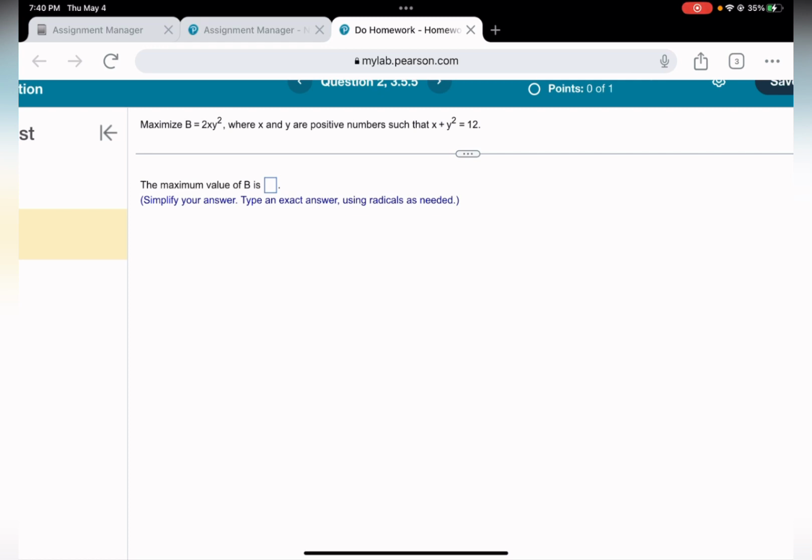So one more time, we need to maximize the product 2xy squared, limited by x plus y squared equal to 12.